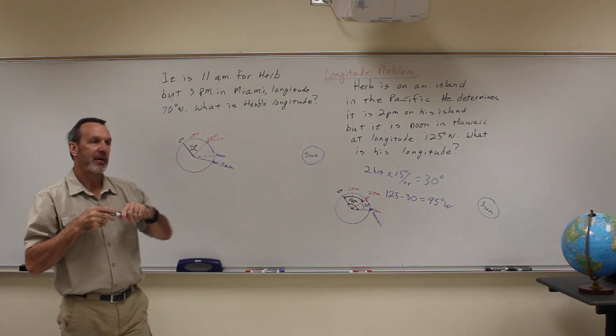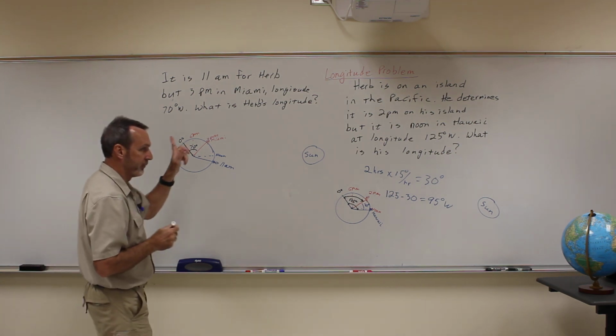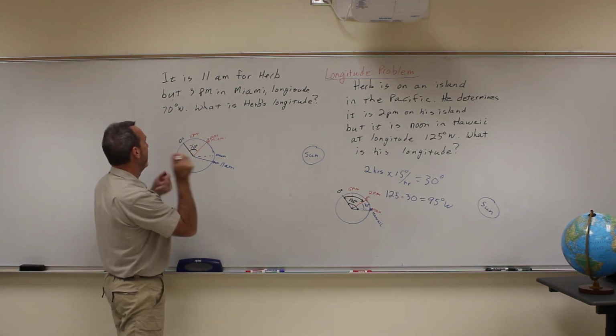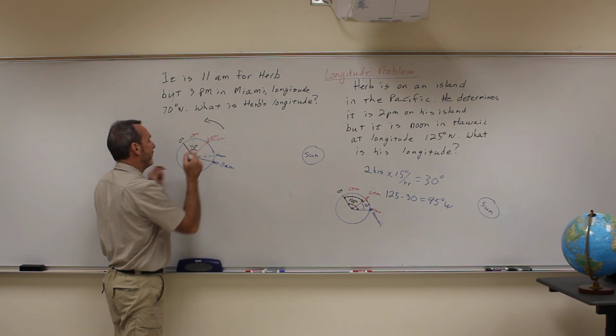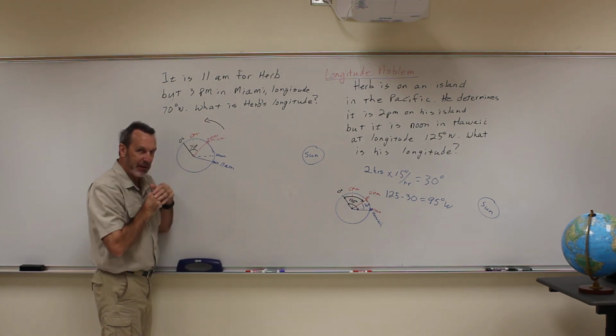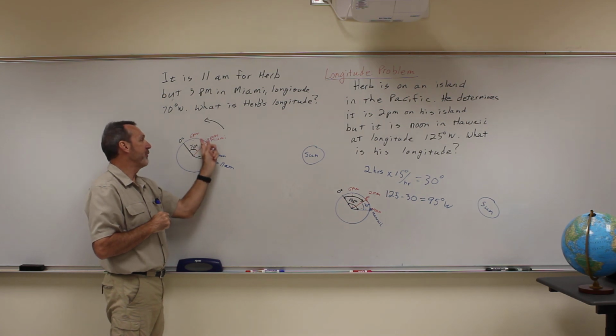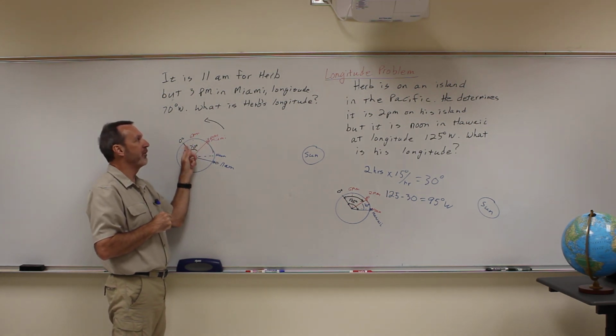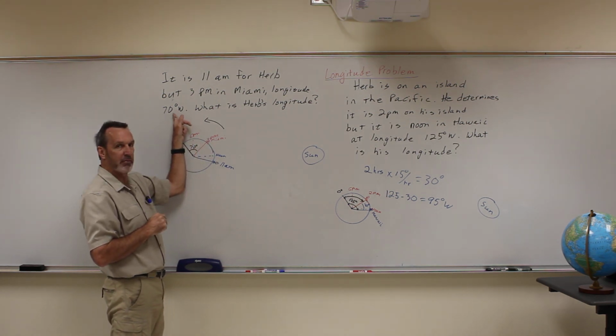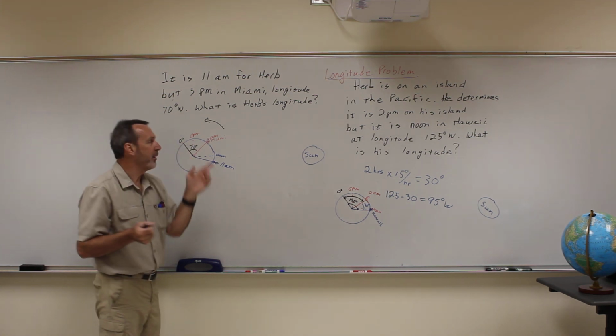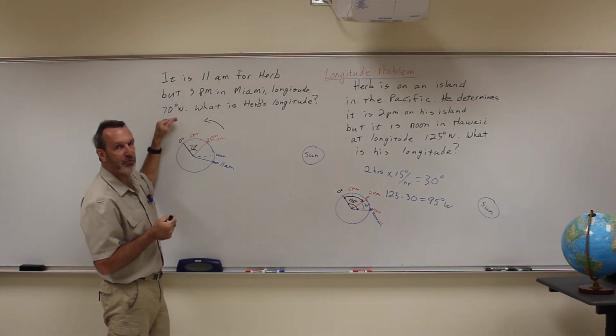All right. I know what you're thinking. Maybe the Earth is spinning this way, right? So from Miami, east is that way, right? If east is that way, why do I make my angle go 70 degrees this way when it says 70 degrees west? Well, you have to remember that the 70 degrees west is from England.